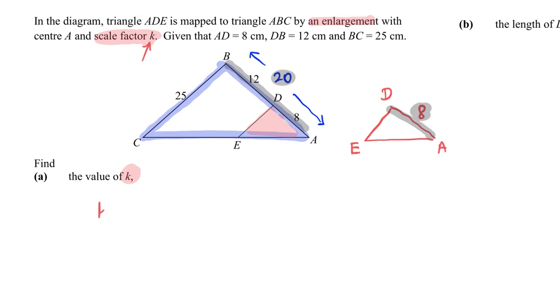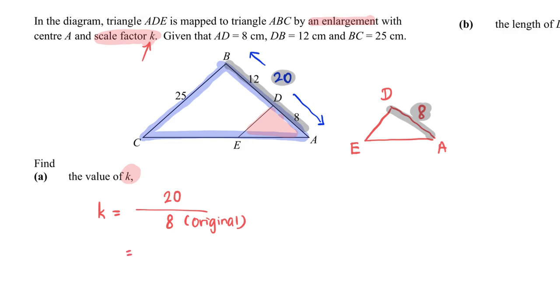So k is equal to, we always divide by the original. In this case, 8 is the original, 20 is the enlarged image. So take note, we always divide by the original length.